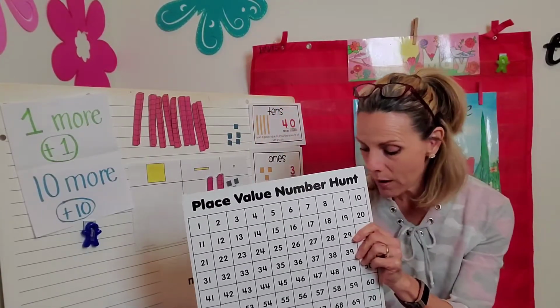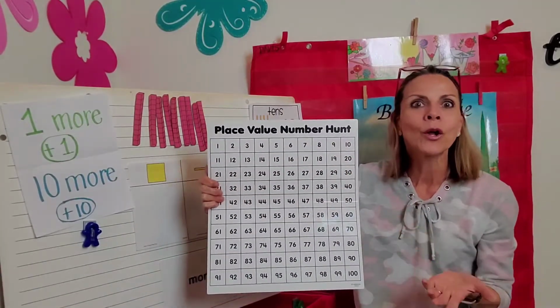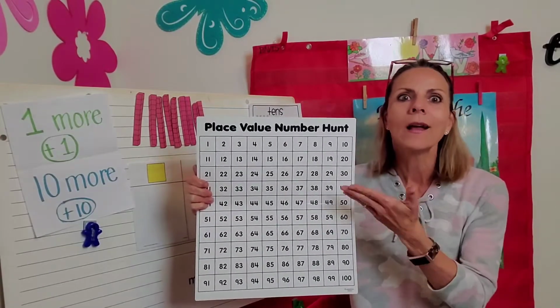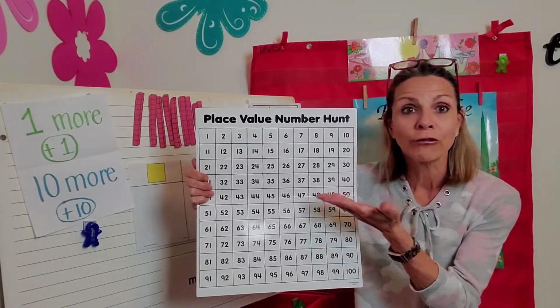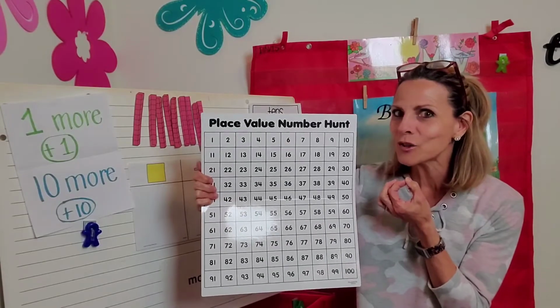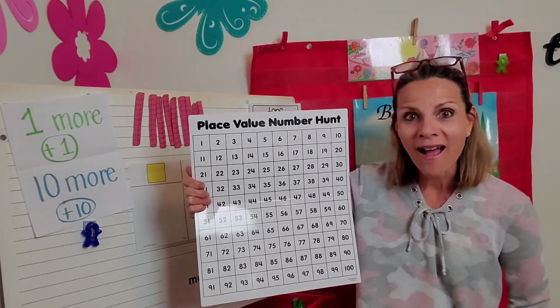Each row on this 100 chart is a collection or a group of 10 counters. So when I understand that, this really becomes a helpful tool when I'm trying to either find a number or add using my 100 chart. So that's definitely a pattern I want to keep in mind.